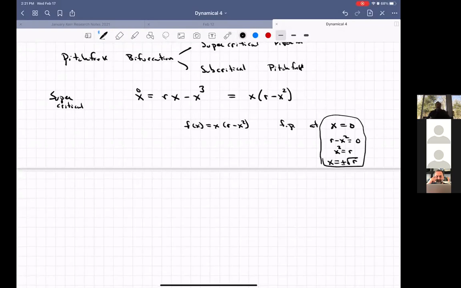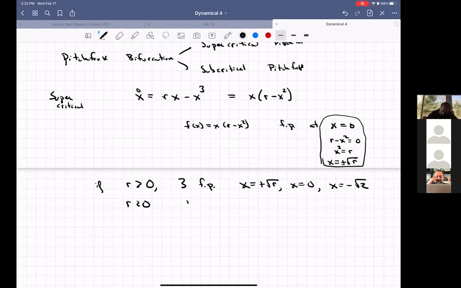So for this system, if r is positive, I have 3 fixed points at x equals plus root r, x equals 0, and x equals minus root r. And if r is negative, I have 1 fixed point. I only have x equals 0, right? Because I can't take the square root of a negative number.